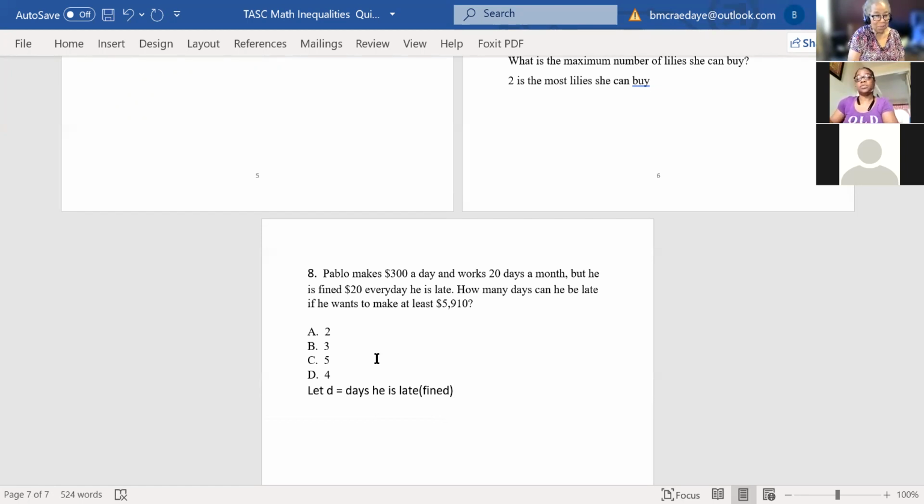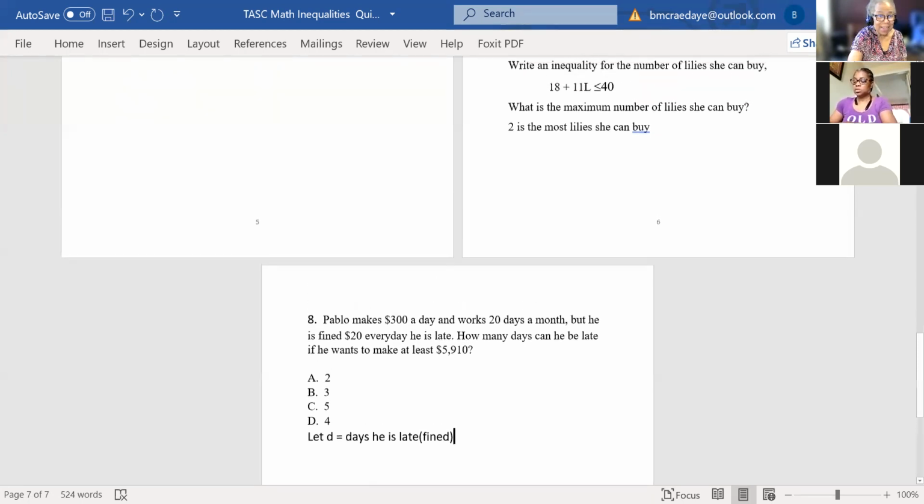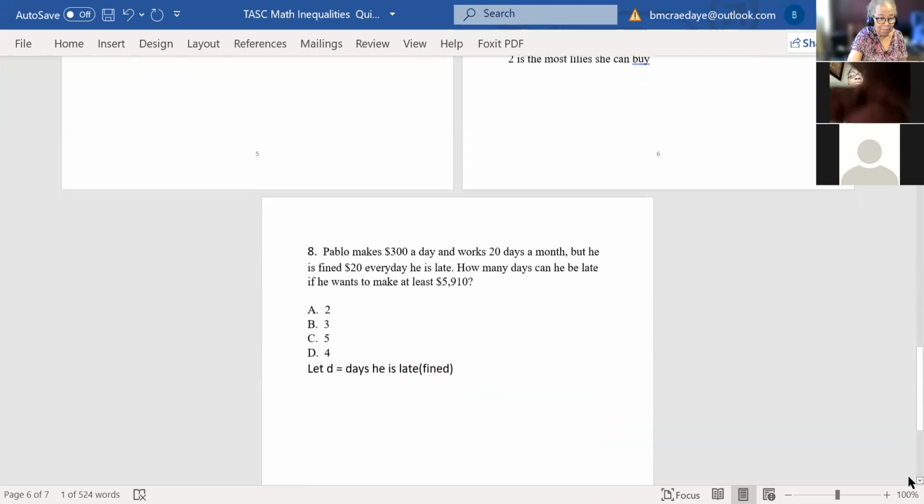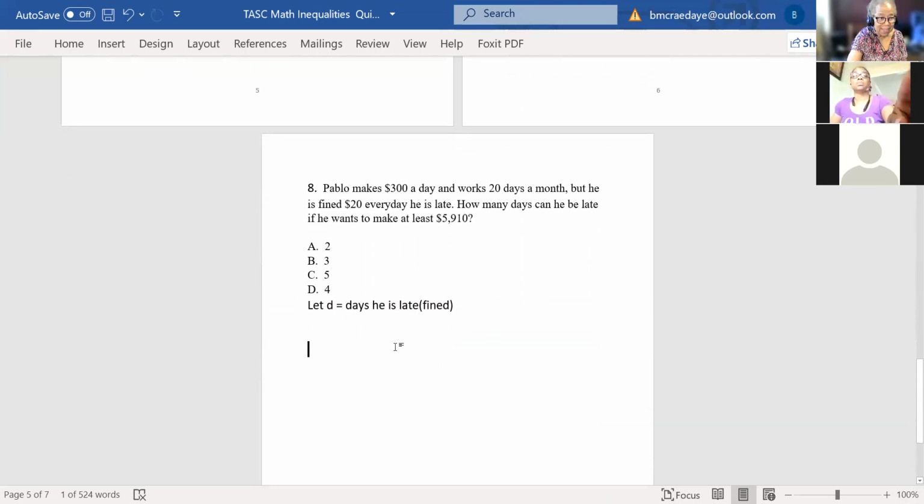Okay, you're right. That's the inequality symbol, less than or equal to. Let's just copy this and put it here, and then you tell me what goes on the left and what goes on the right. So Vanessa, you're right. It's less than or equal to.